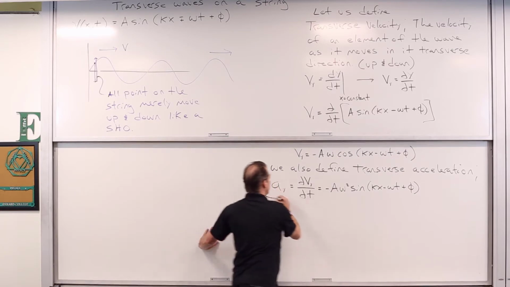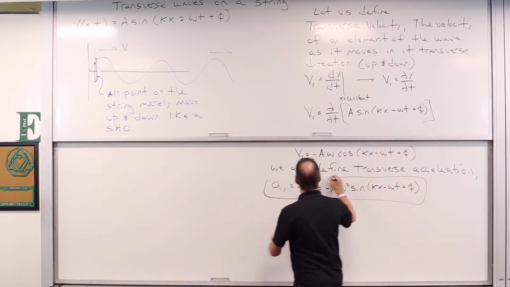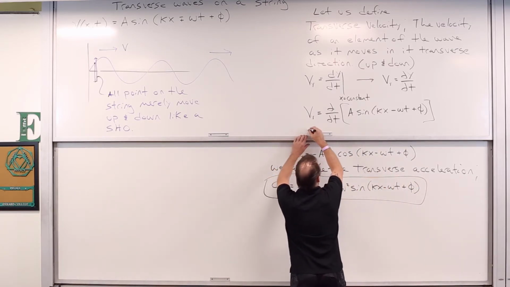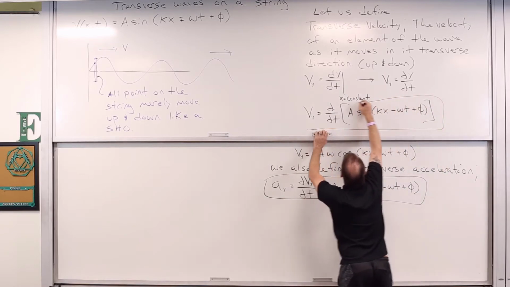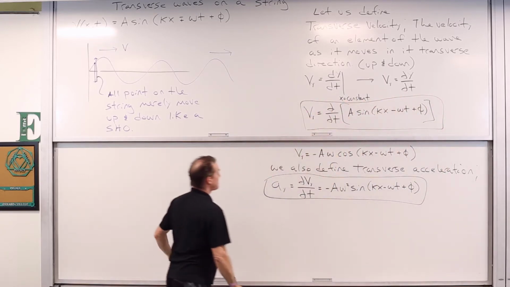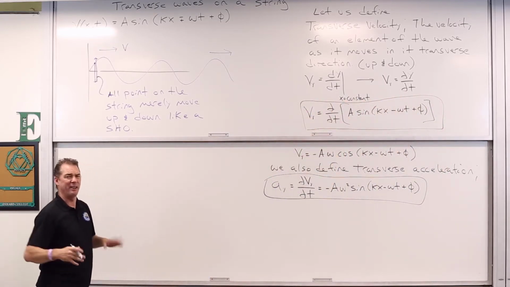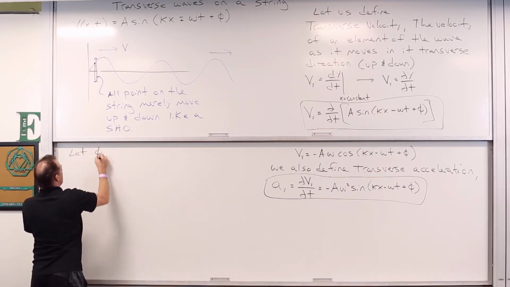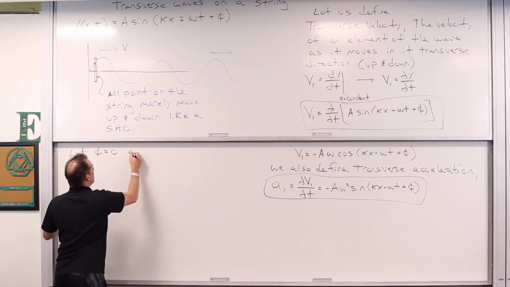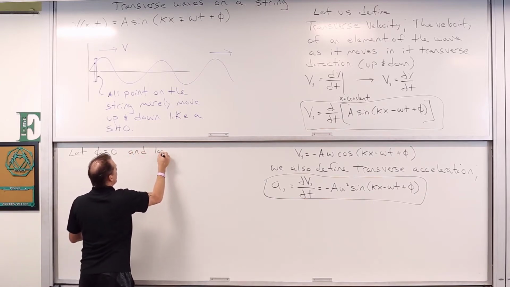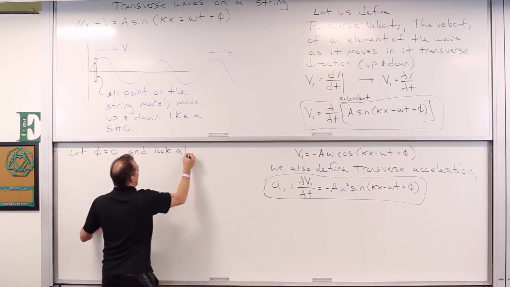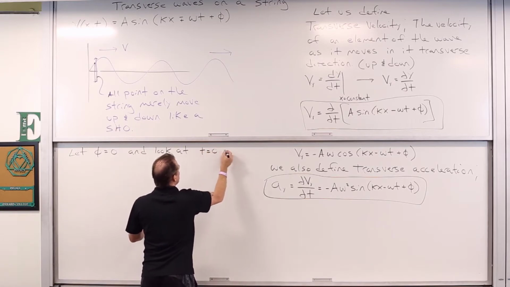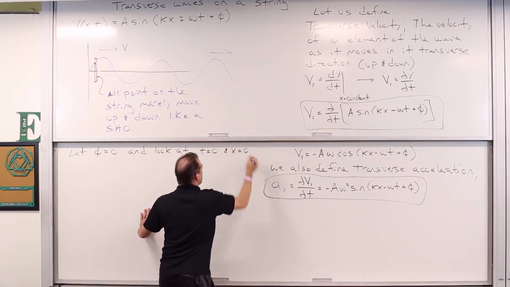So we've got these two expressions. Let's just look at them really quick at a nice position for a particular phase constant, just to make sure that what we have here makes sense. So we're going to let phi be equal to 0 and look at t equals 0 and x equals 0.